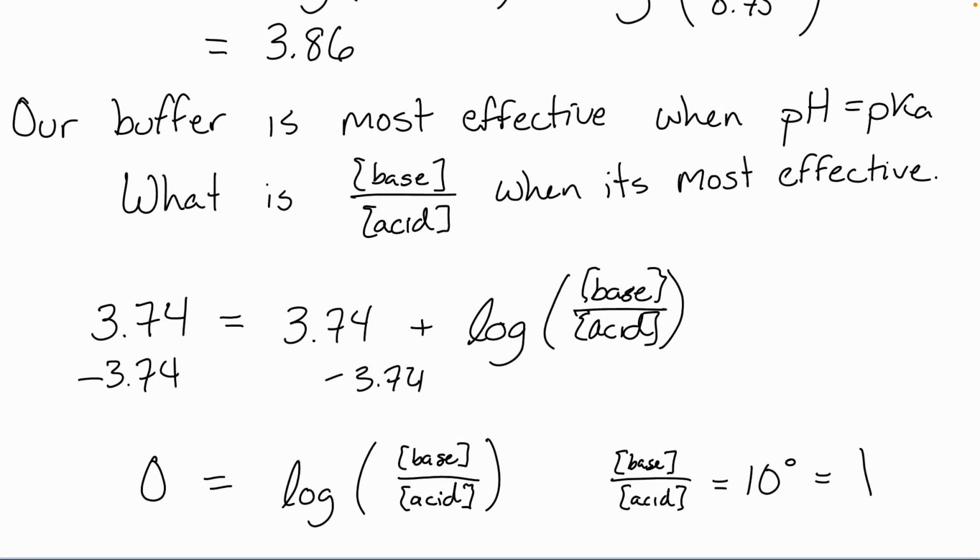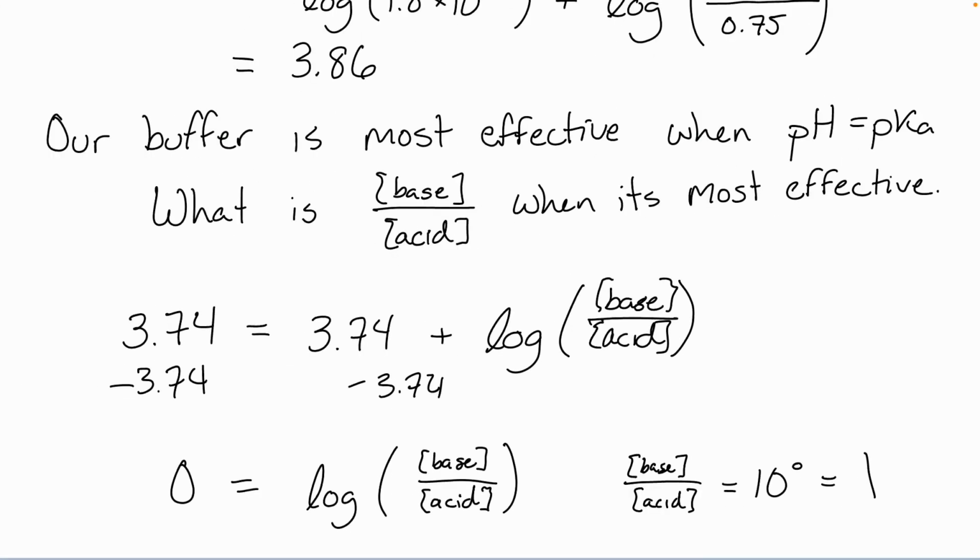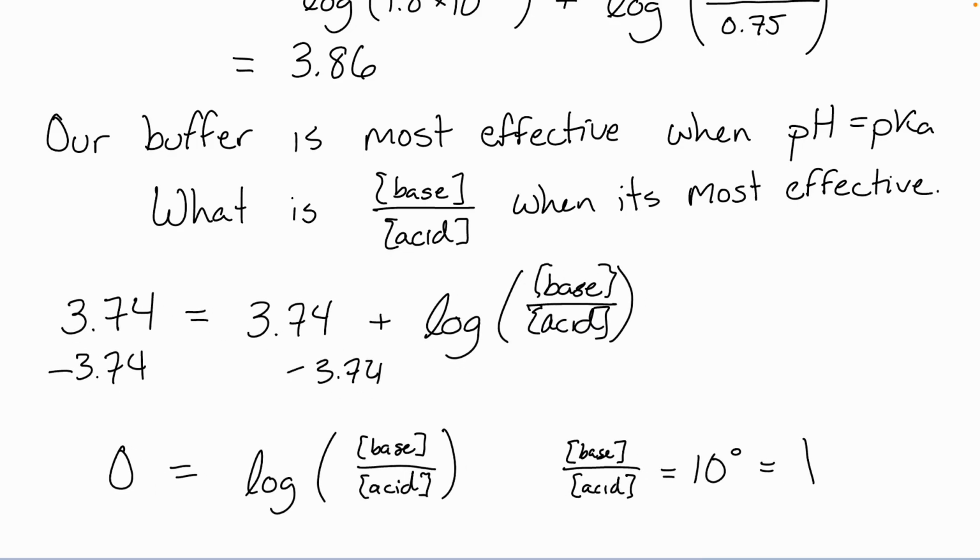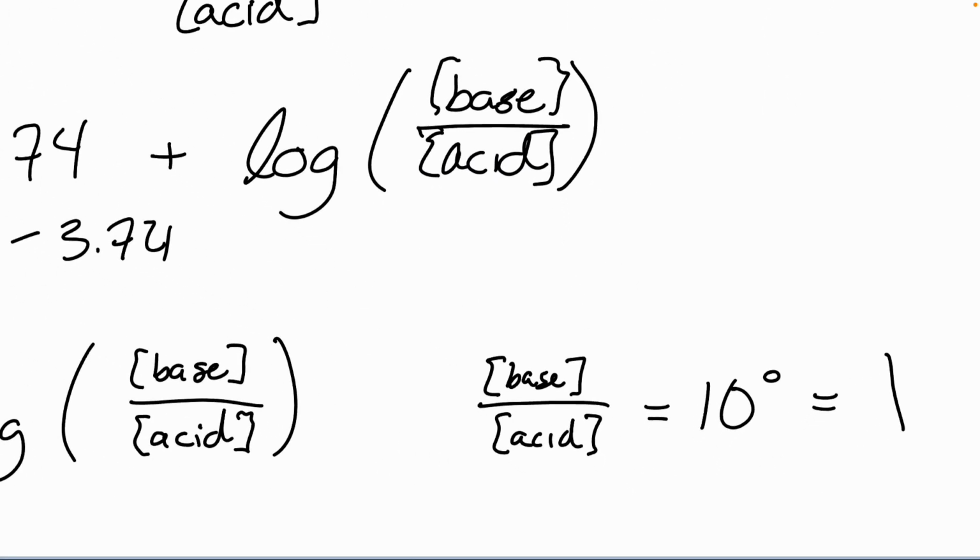So what we just established here is that the buffer is most effective when the concentration of conjugate base is equal to the concentration of acid. That's when the pH will equal the pKa. So if I start my buffer with an equal ratio of acid to base, that's when it's going to be the most effective.